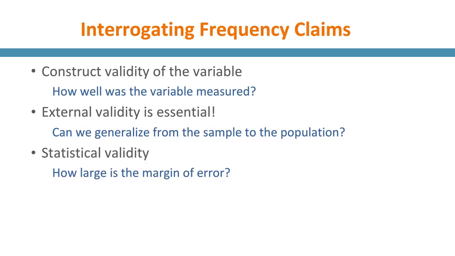Let's spend some time and break this down by the type of claim and give you some example questions and talk about what validities to prioritize. So you won't address every single kind of validity for every kind of claim, so we'll prioritize some over others. Also, it's important to keep in mind it is really difficult to have all four kinds of validity in every single study that you run.